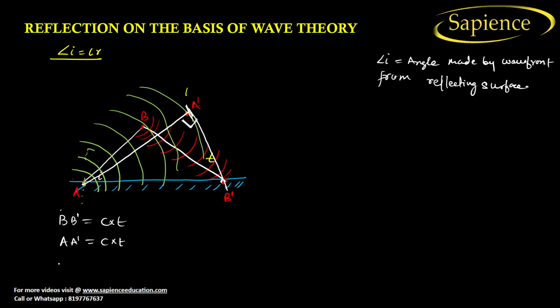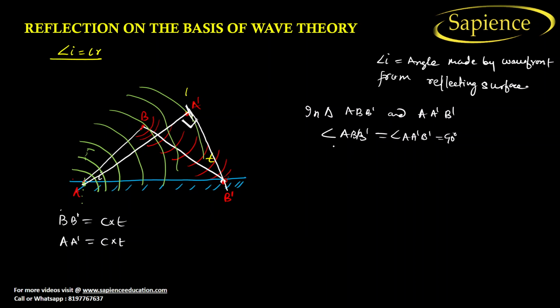One more thing we have observed: in triangles ABB dash and A dash B dash, if you observe both triangles, this angle ABB dash is equal to angle A dash B dash, that is equal to 90 degrees.